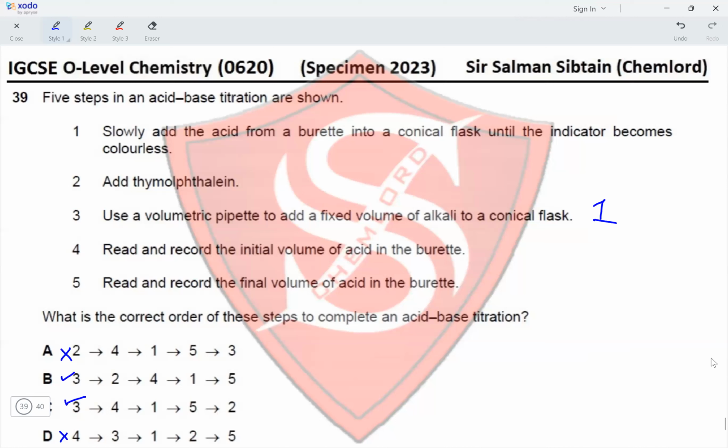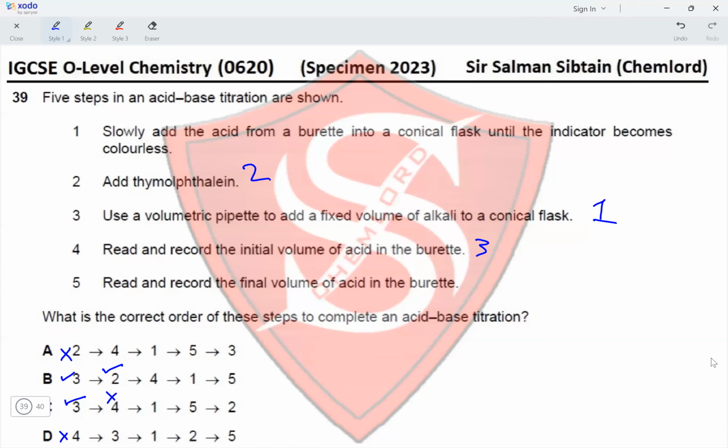The next step should be to add thymolphthalein because we've already added the base. So step 2 should be the next step, not step 4. The third step should be step 4, which is read and record the initial volume of the acid in the burette. Yes, this is the initial volume that we have.